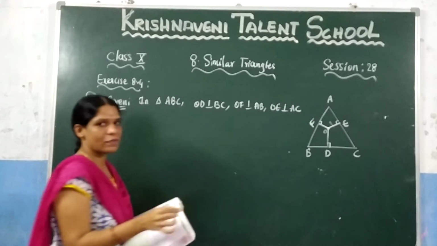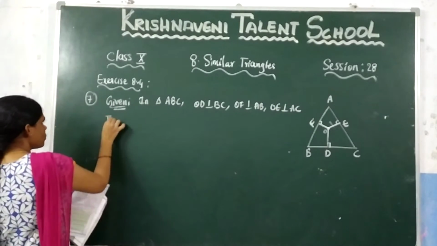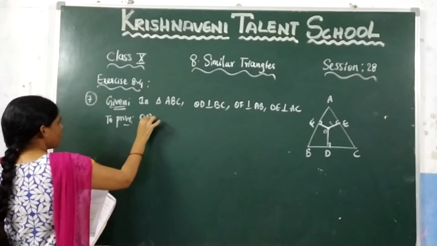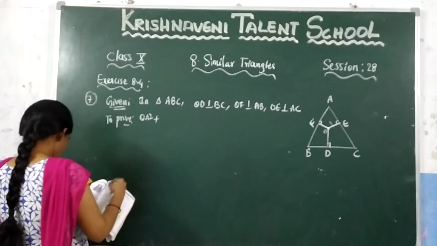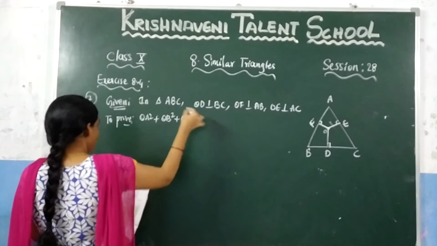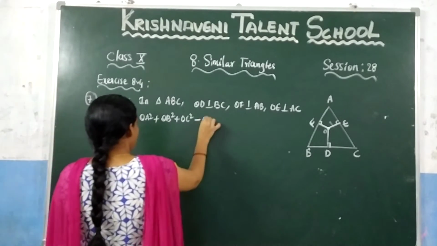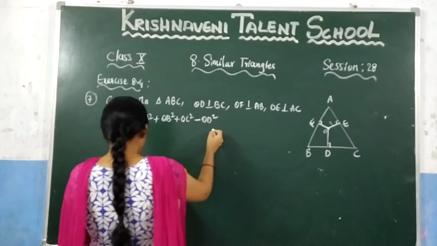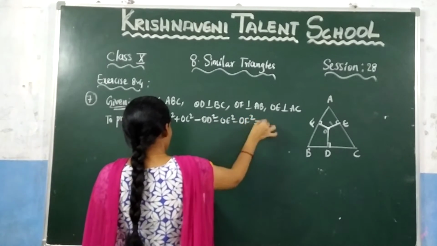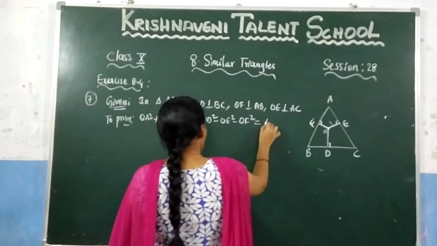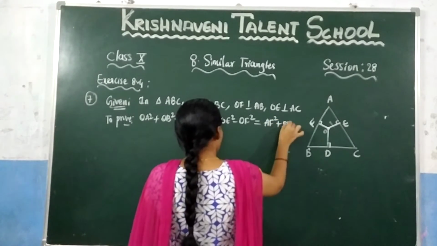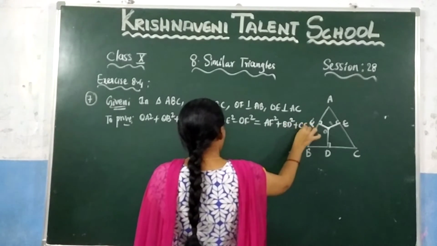This is what they have given. Now what we need to prove? We need to prove OA square plus OB square plus OC square minus OD square minus OE square minus OF square is equal to AF square plus BD square plus CE square.